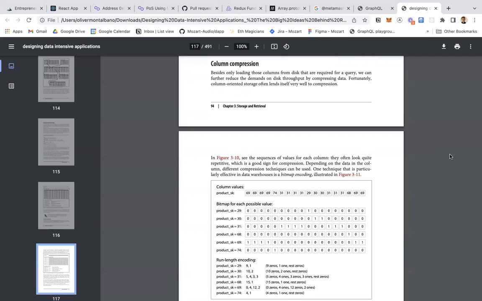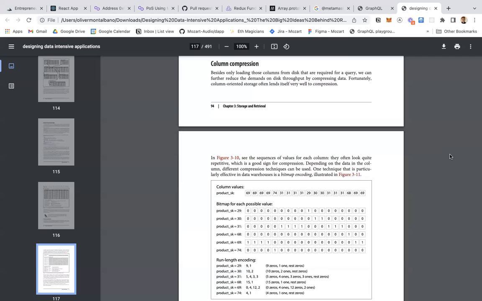Well, it has to be a separate thing. Actually, are you saying a separate machine? In this section it says if each column is stored in a separate file, a query only needs to read and parse those columns that are used in that query, which can save a lot of work. So here it's a separate file, but I would imagine you can come up with a bunch of different ways to do it.